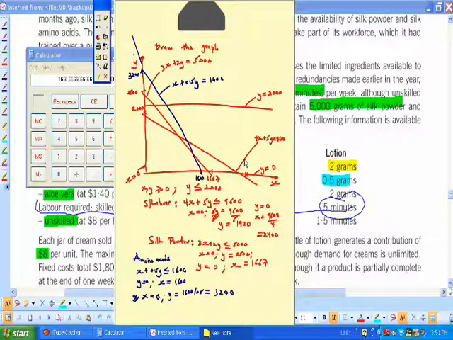So the next step of this was to try and find the feasible region.